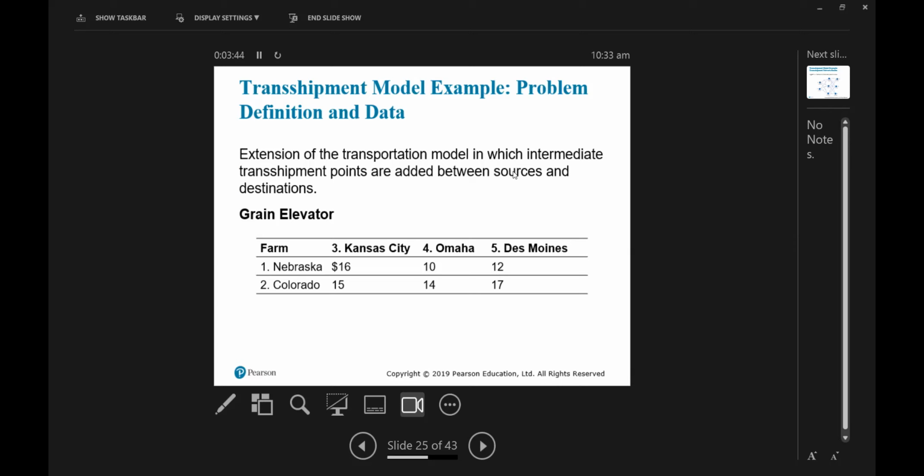And these are the costs of shipping the items from the farms to the transshipments. So in this particular model, unlike the transportation model where Kansas, Omaha, and Des Moines were sources, in this model, they are transshipments.